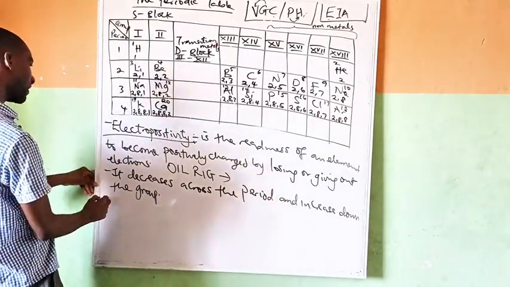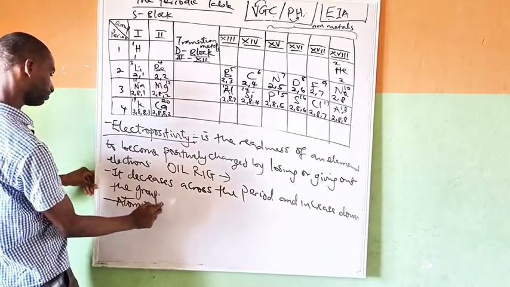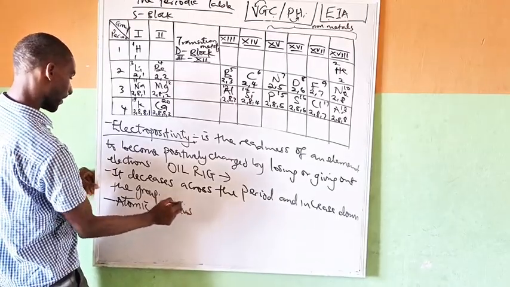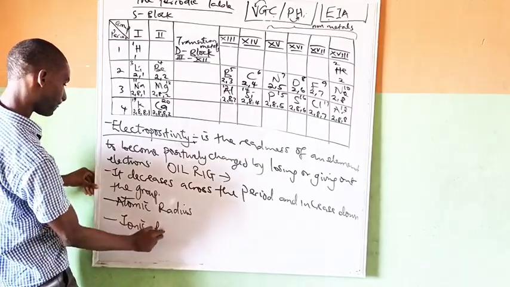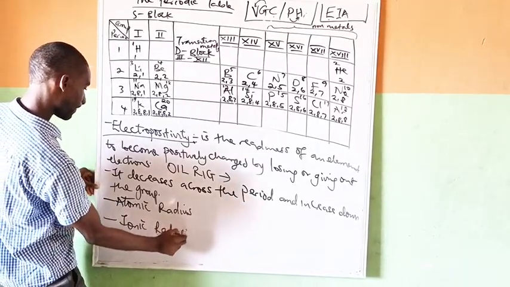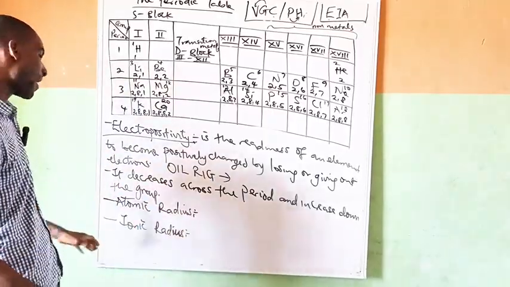Now, the next to electropositivity is atomic radius. And the last one is ionic radius. So what's the difference between the two of them?